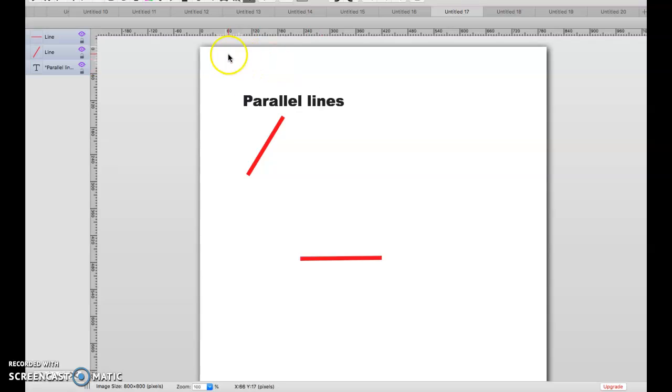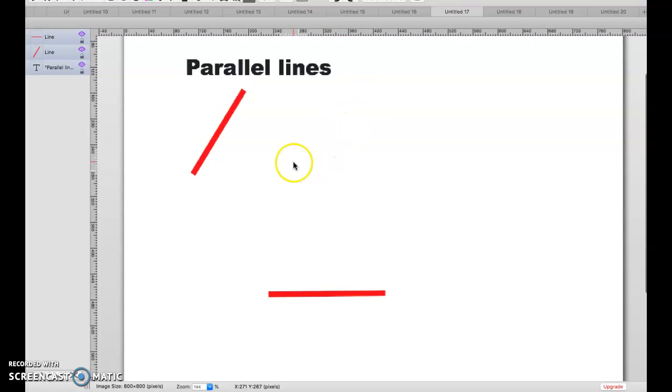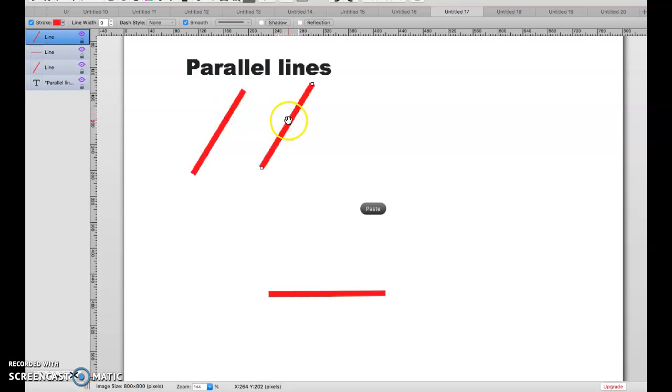Here's another problem, I can't remember which one, that is talking about parallel lines. Just a quick reminder of what parallel lines are. So this line, if I want to make a parallel line of that, that would be something like this. These two lines are pointing in the exact same direction.